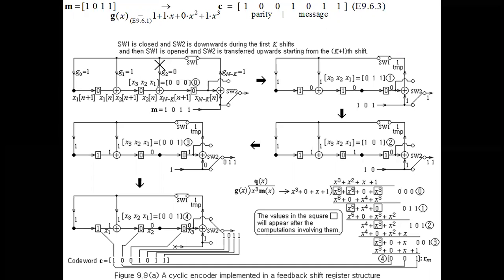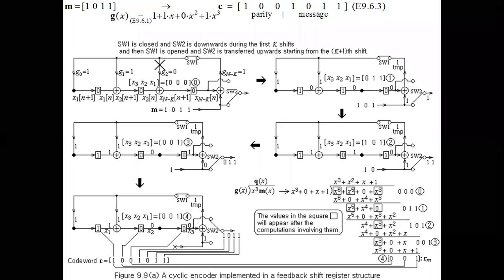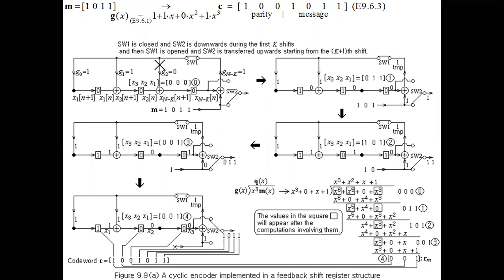The second step is to use modulo 2 adders and shift registers with reference to the generator polynomial.